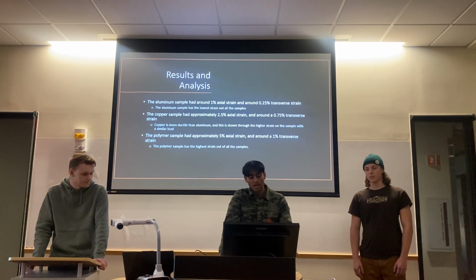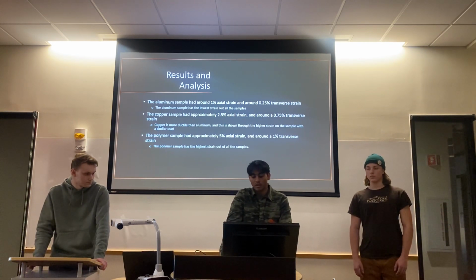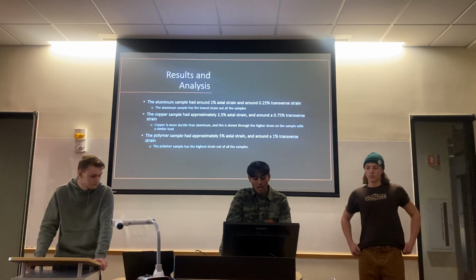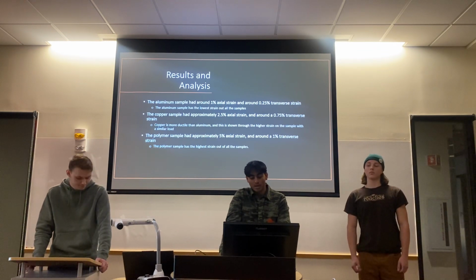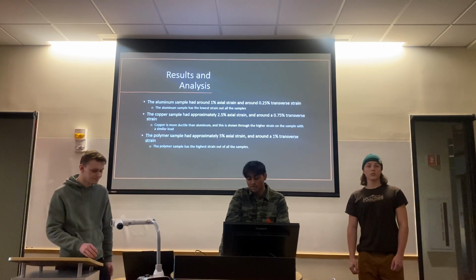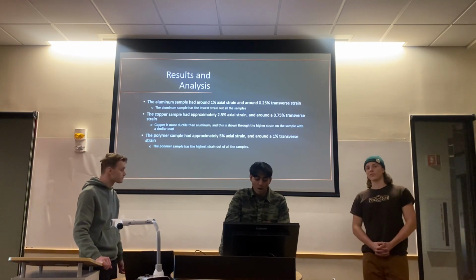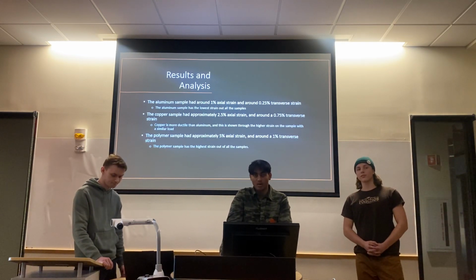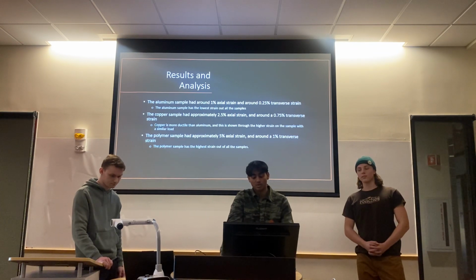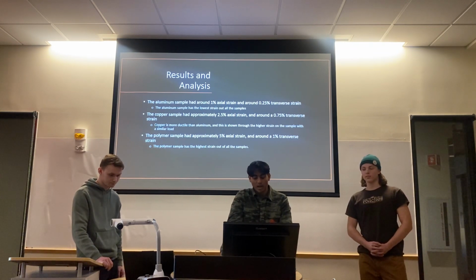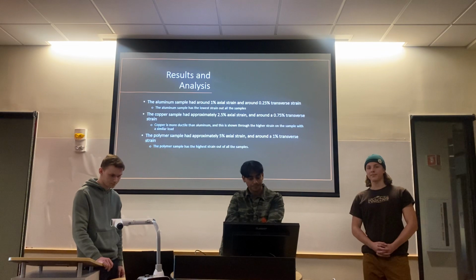This shows that copper is more ductile than aluminum. The polymer sample had approximately 5% axial strain and around a 1% transverse strain. The polymer sample had the highest strain out of all the samples, and that's also in line with expectations.